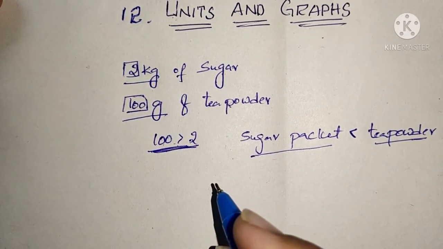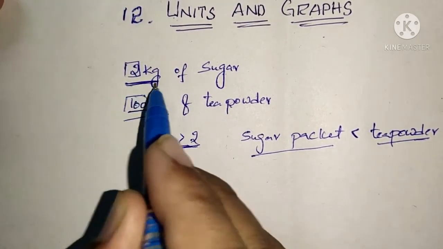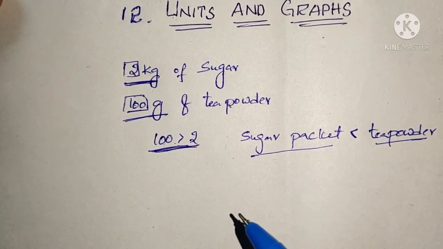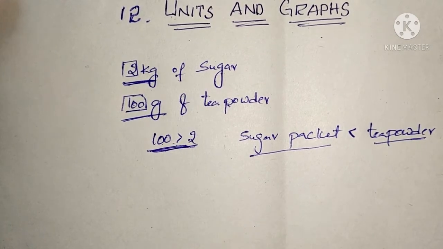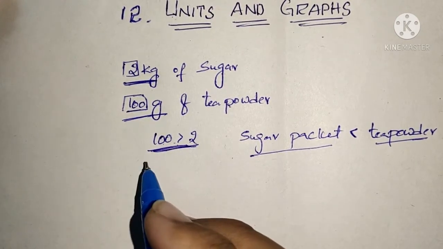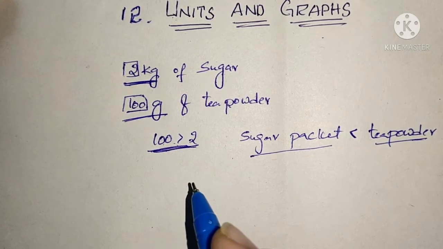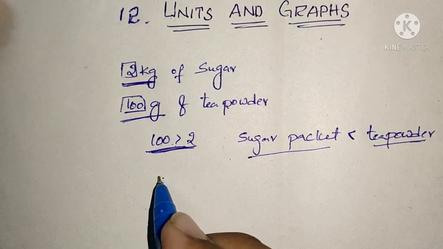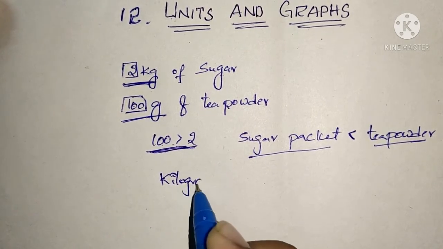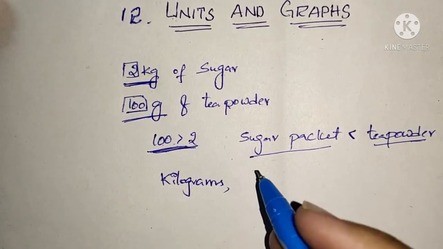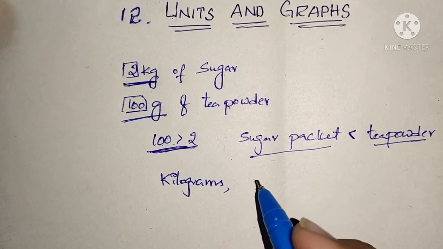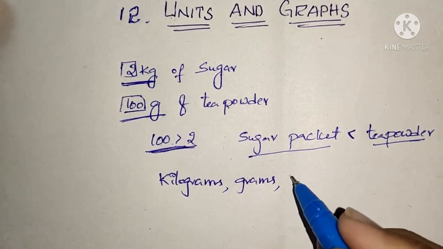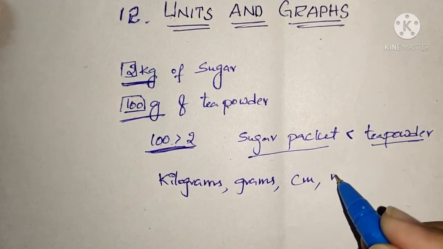How do you decide that 2 kg is more than 100 grams? So here we can say that there is no meaning of these numbers without measuring terms. So what are these measuring terms? The measuring terms are like kilograms, grams, centimeter, meter, and so on.